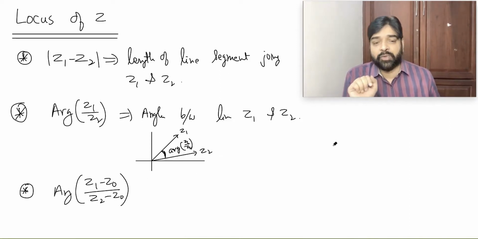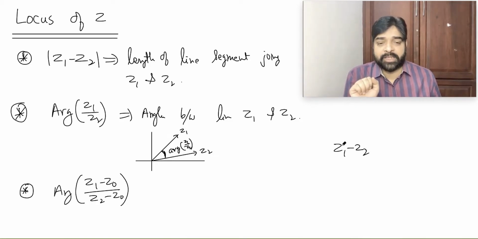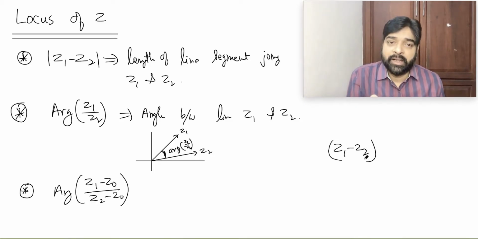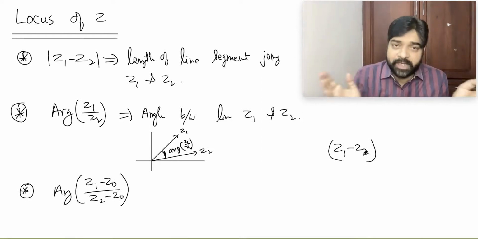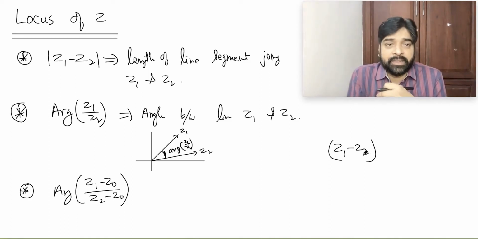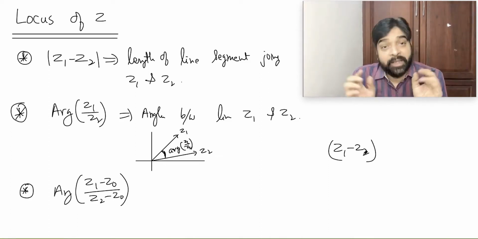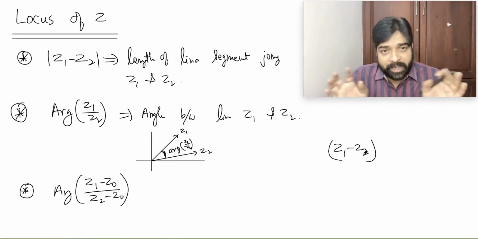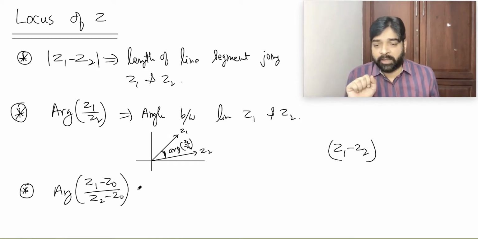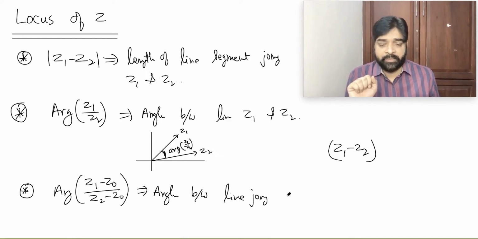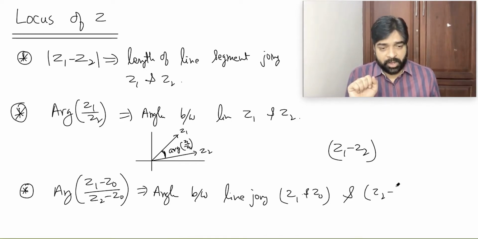If I simply ask you what is the geometric meaning of this, it means the line joining the heads of Z1 and Z2. If you put mod, the same meaning, but now not the line segment, I am talking about the length of that line segment. Is that clear? So this means the angle between the line joining Z1, Z0 and Z2, Z0.